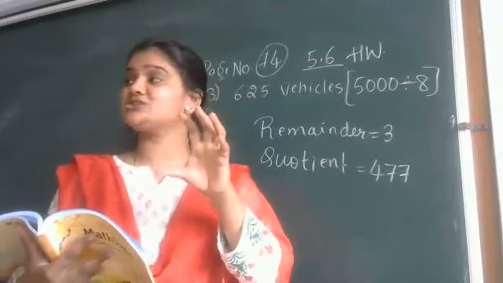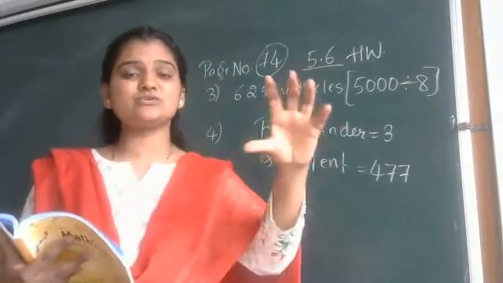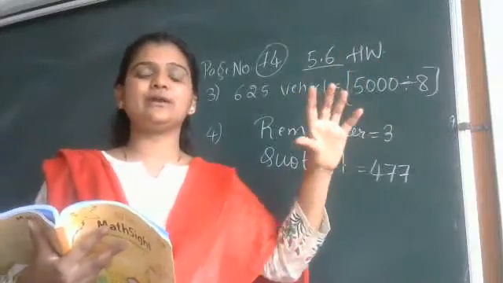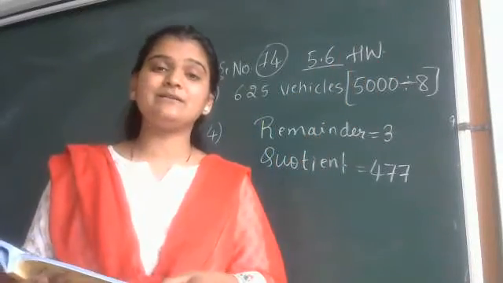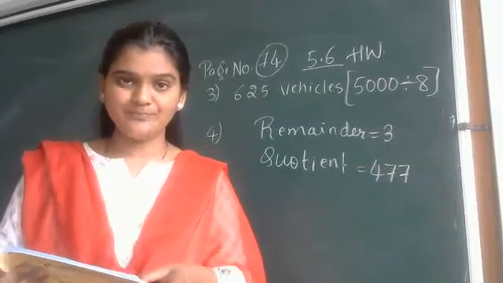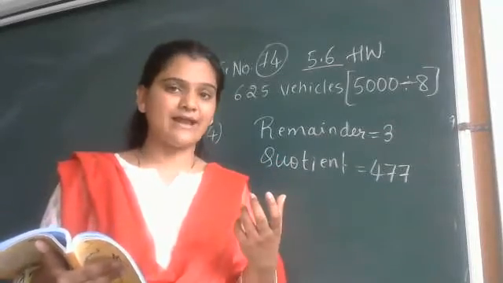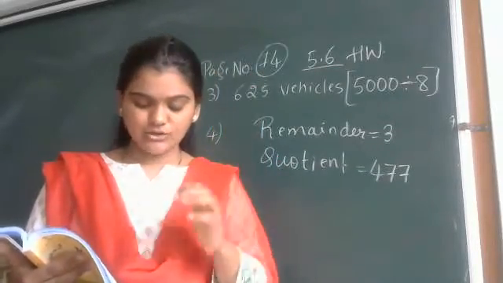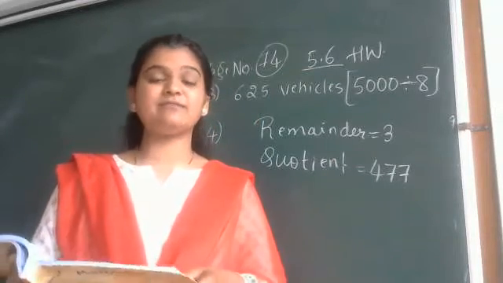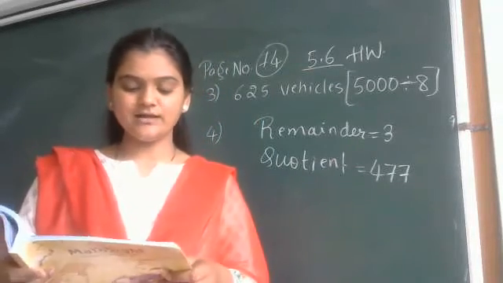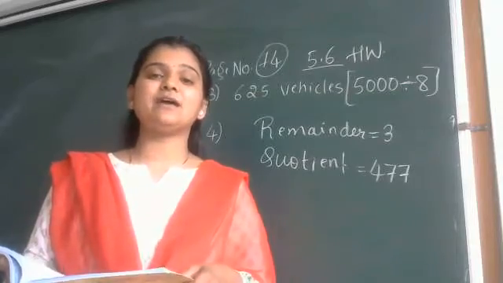So each 20 group means in each one of them all were distributed equally. Okay, you will have to find out how many people were there in each group. To calculate that, we will have to divide from the total to 20 groups. Okay, to see how many people were there in each group and how many people were left out.